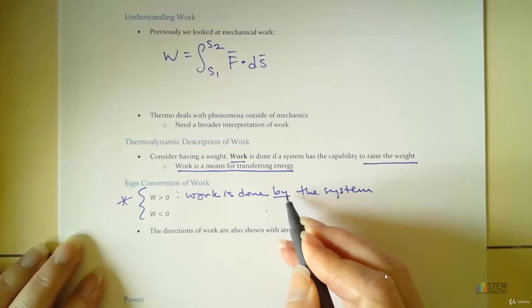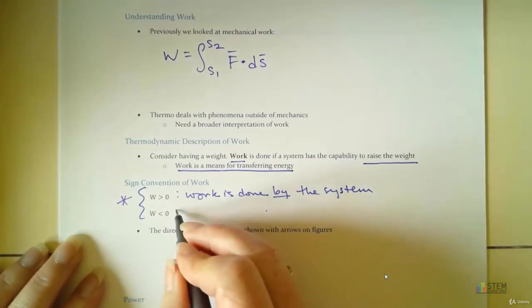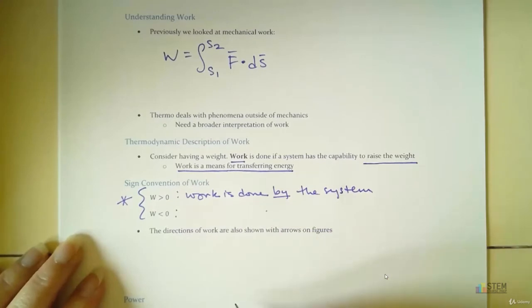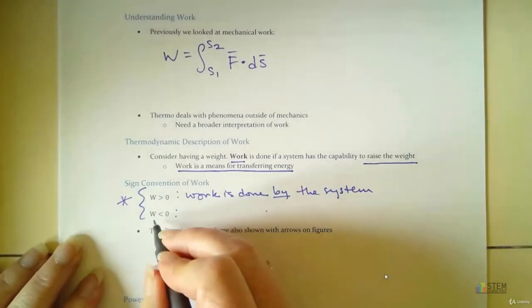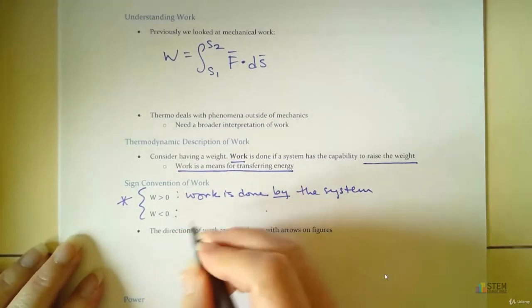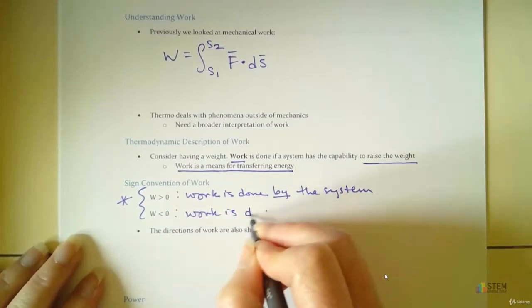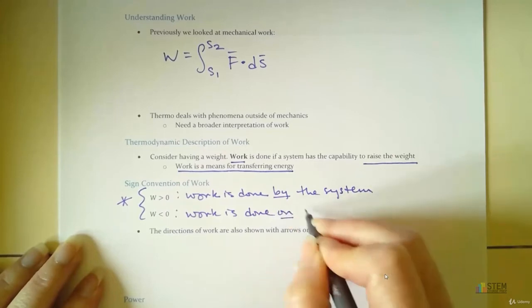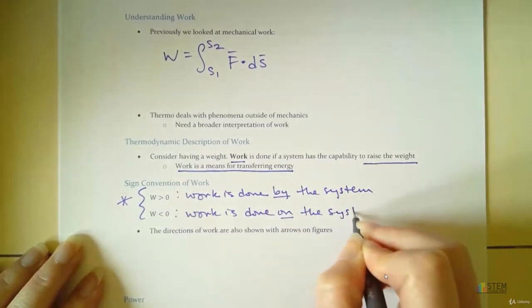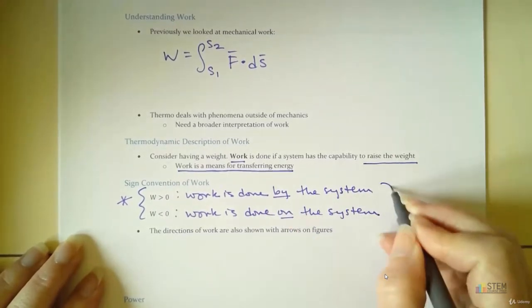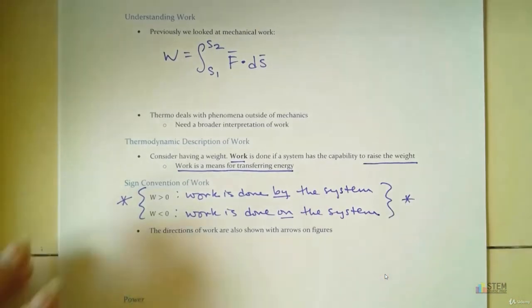This word by here is the important word. Okay, and you'll see why when we get to the examples. Now if work is negative, so if it's less than 0, then we say work is done on the system. Okay, so that right there is going to be important.